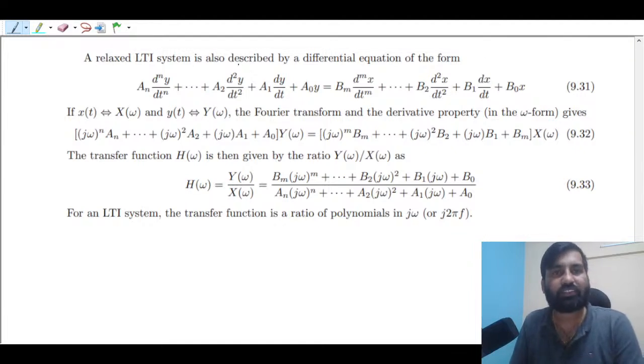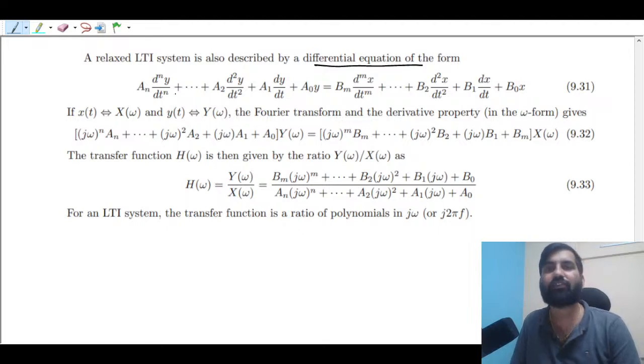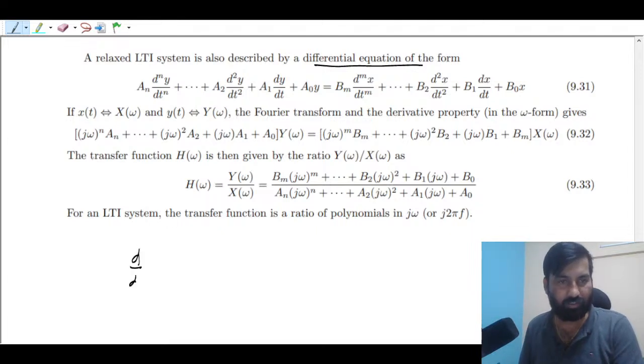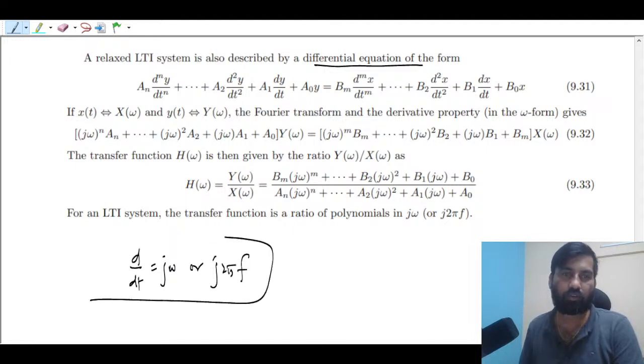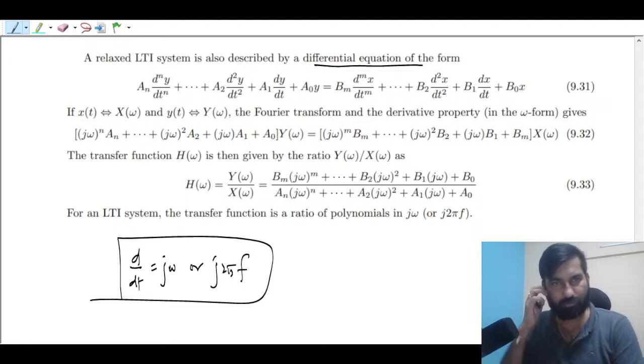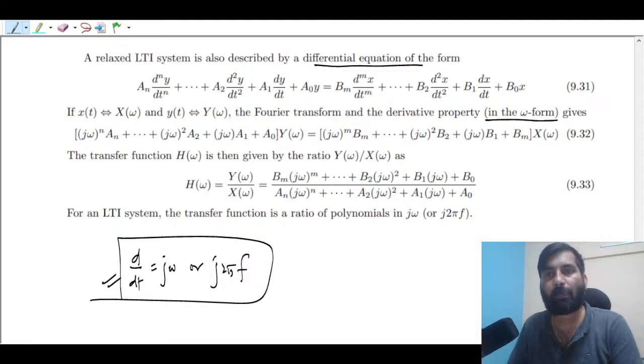So a relaxed LTI system is described by a differential equation of the form. This is nothing but your nth order differential equation, and mth order here, so d^n y by dt^n. What you have to remember is dy by dt is nothing but j omega or j2 pi f. You can replace it. This is far easier in omega form.